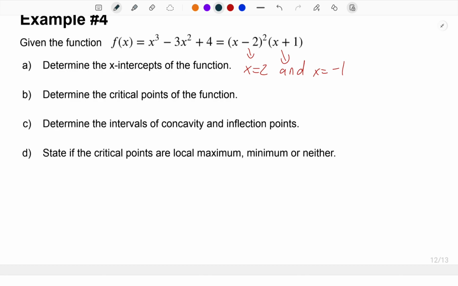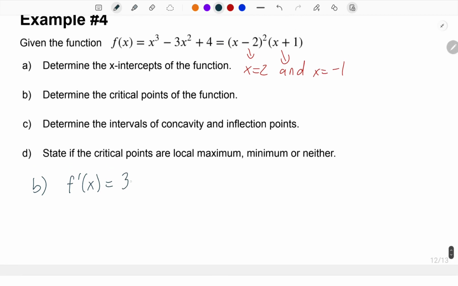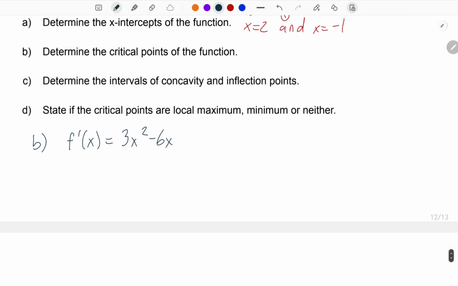Okay, now we want the critical points. So let's work on b down here. F prime of x, taking the derivative, is going to be 3x squared minus 6x. And that's it. Let's get that factored: 3x(x minus 2).